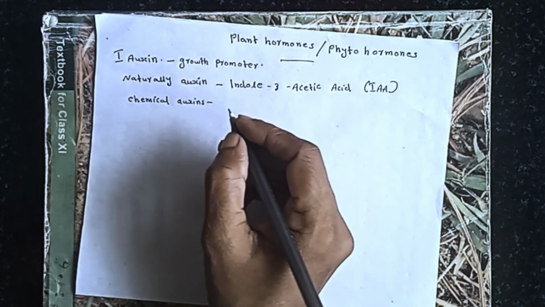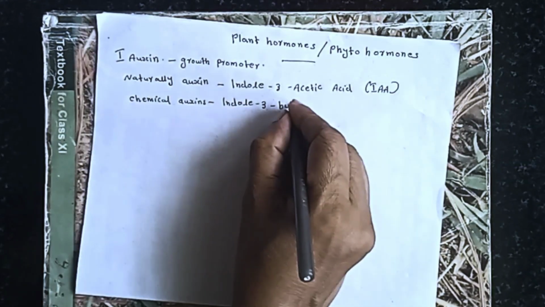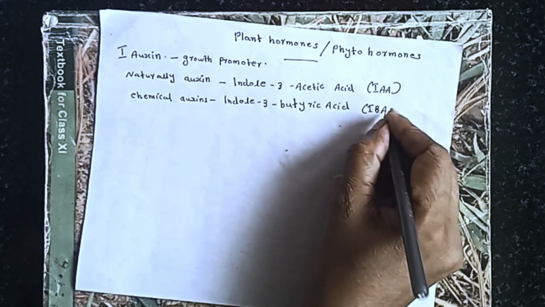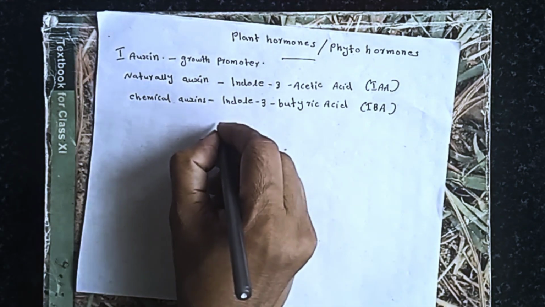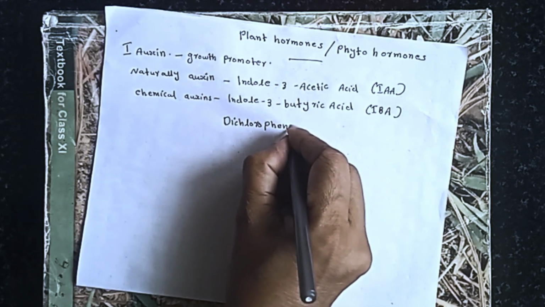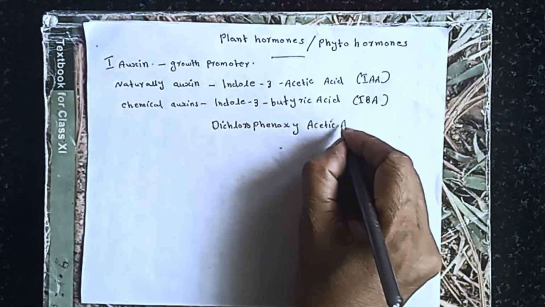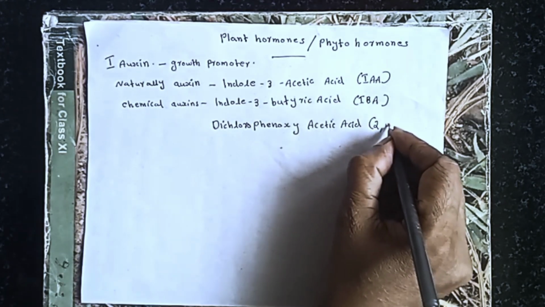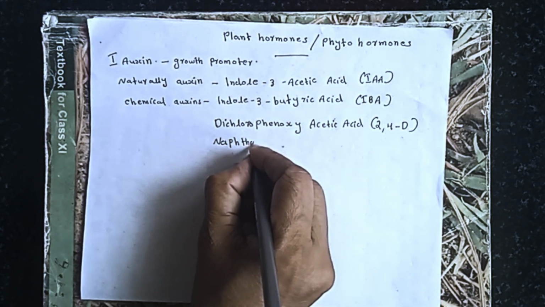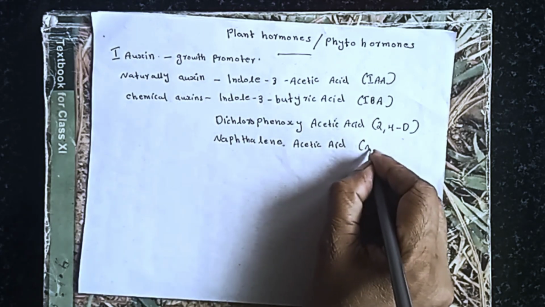The synthetic auxins are indole 3-butyric acid, IBA, dichlorophenoxyacetic acid (2,4-D) and naphthalene acetic acid, NAA.